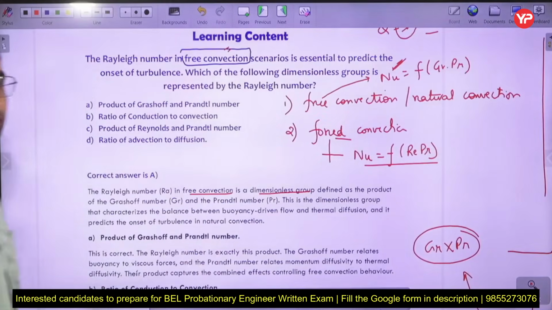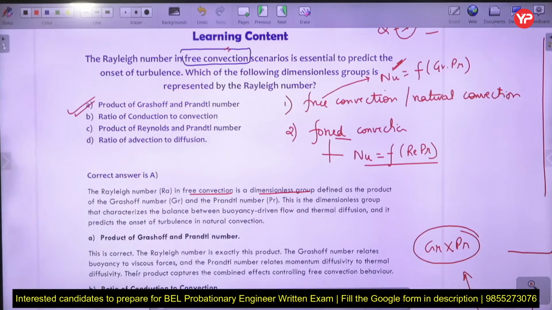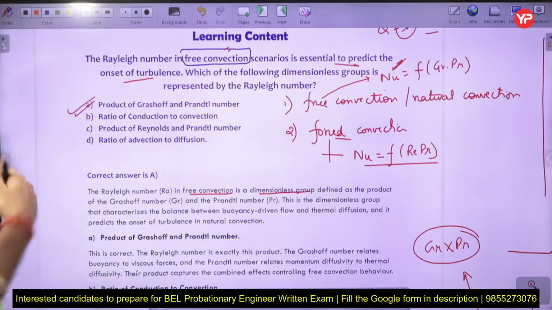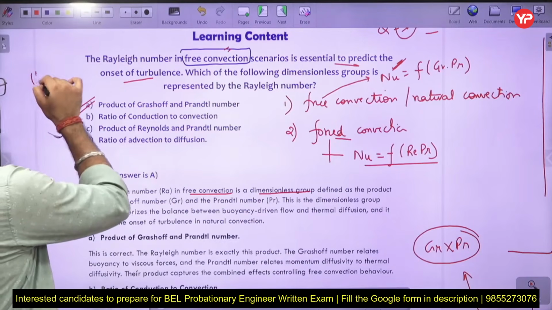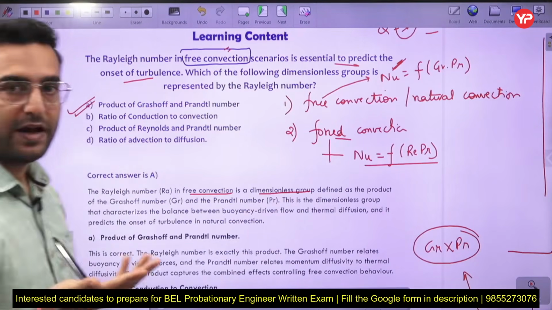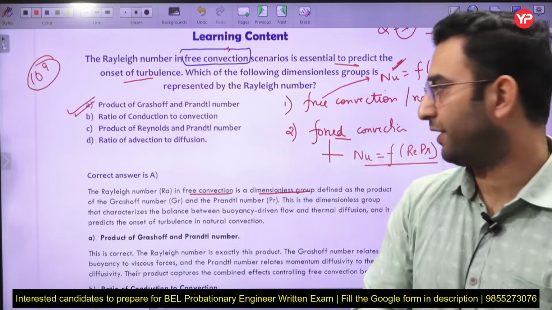Here I can say it is defined as the product of Grashof number and the Prandtl number, and it is essential to predict the flow as laminar or turbulent. And what is the value? The value is 10 to the power 9. Less than 10 to the power 9 is laminar, more than 10 to the power 9 is turbulent. So that's a very simple case.